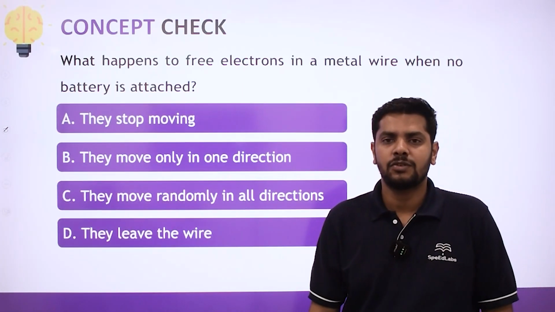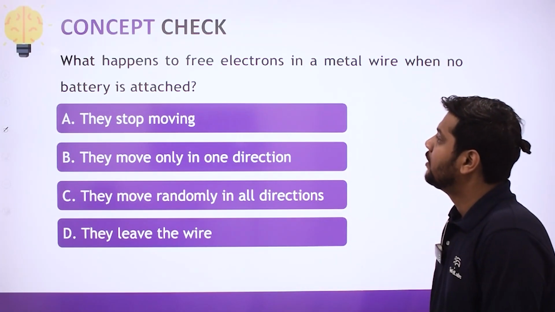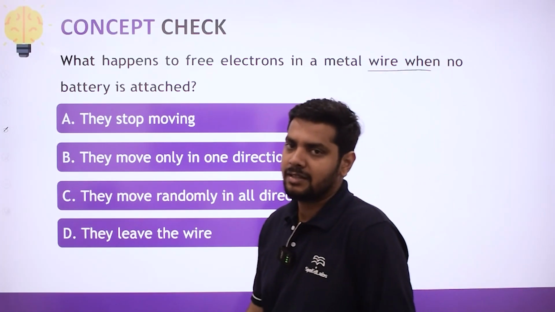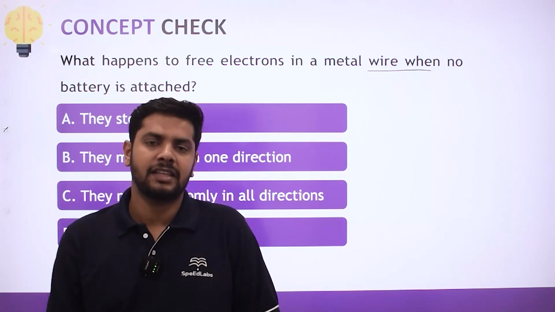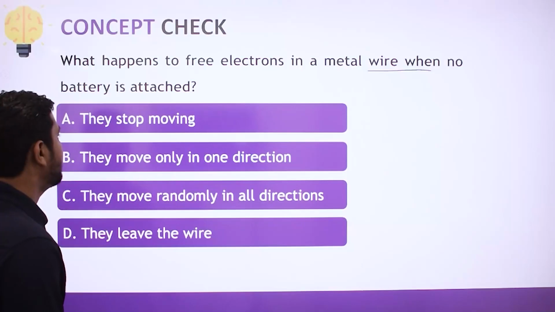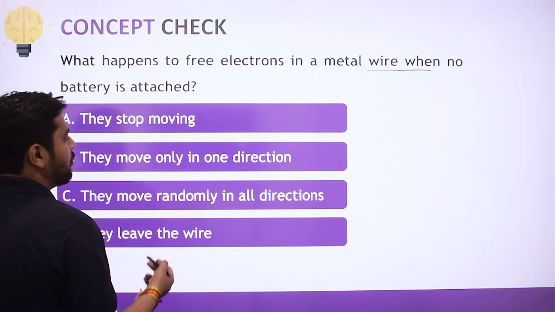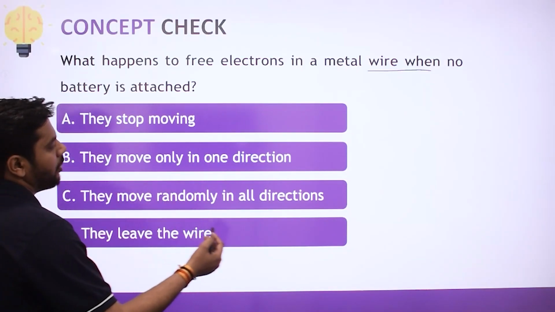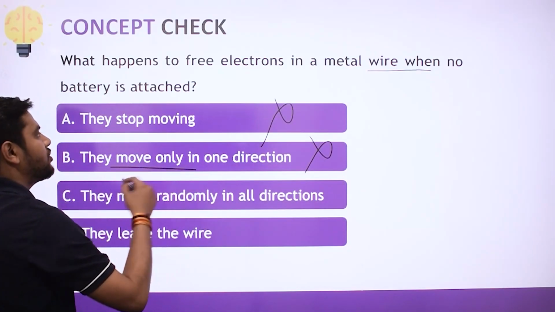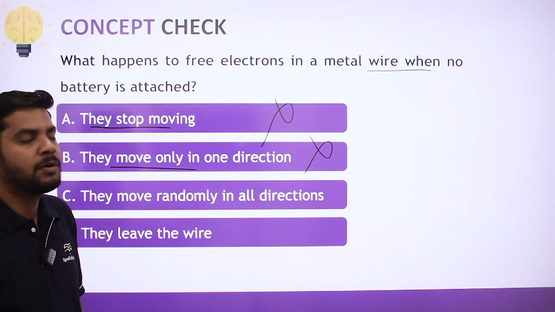Next question, students, concept check number 3. What happens to free electrons in a metal wire when no battery is attached? That means we are not attaching anything, right? There will be open ends in the wire. So they stop moving. They move only in one direction. No, not at all. They will not move in one direction, and they will also not stop moving.